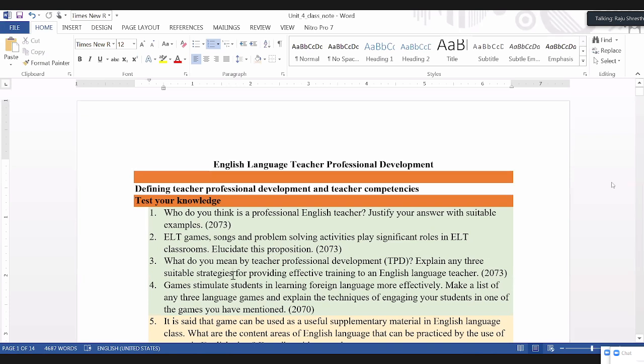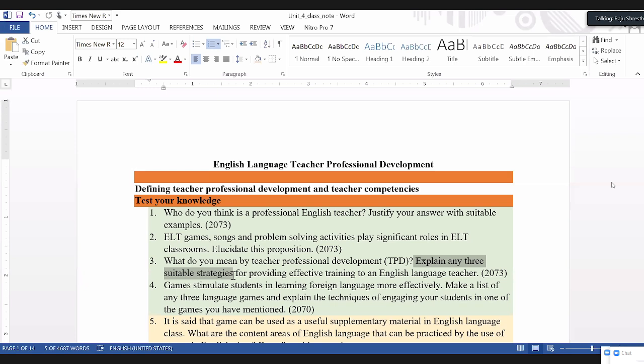Here it says explain any three. Such a question is asked: explain any three, explain any one of them, explain any two, explain any four. So you just talk about teacher professional development, what it is, as we discussed. Teacher professional development is professional growth a teacher achieves as a result of gaining a high level of experience from formal and informal situations. That takes a paragraph, half a page.